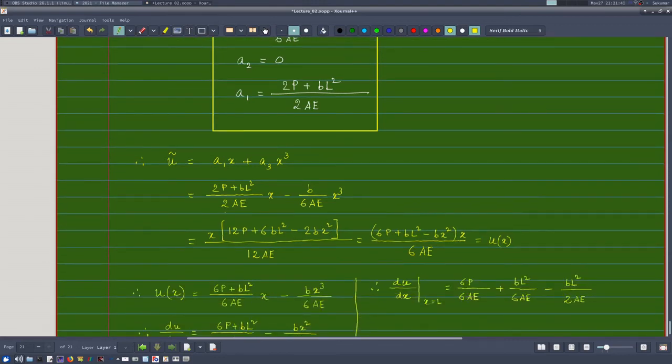So yes, then if it is 12ae, I think somewhere I have committed a mistake here.